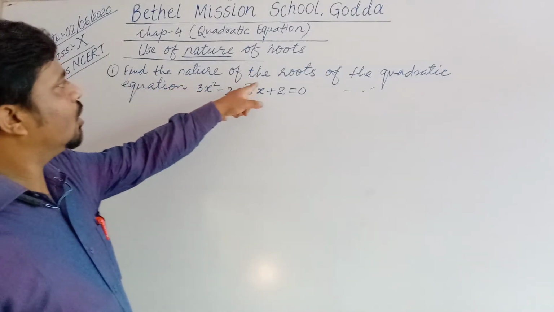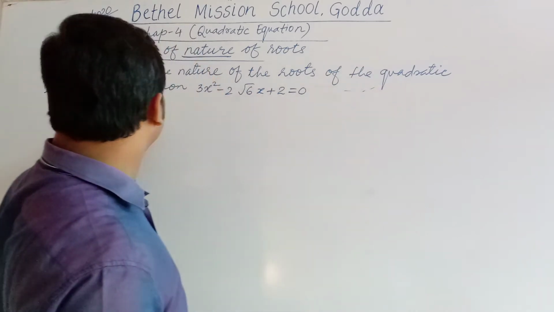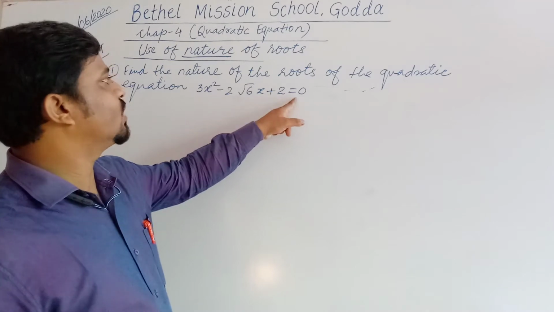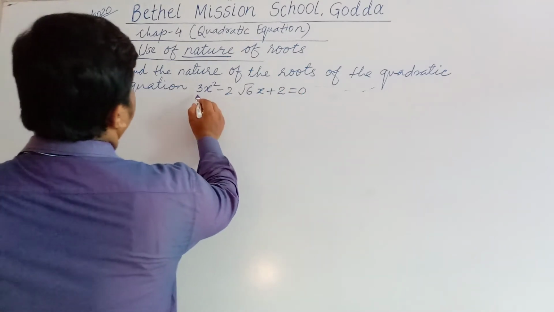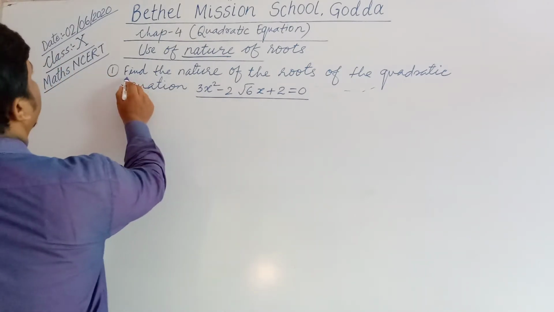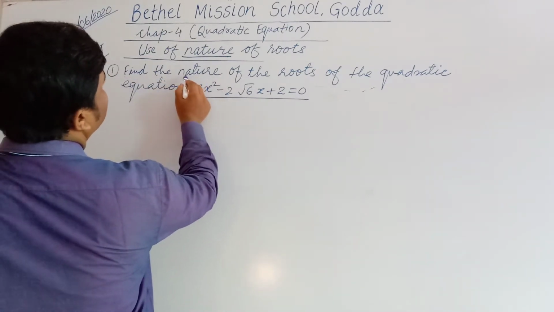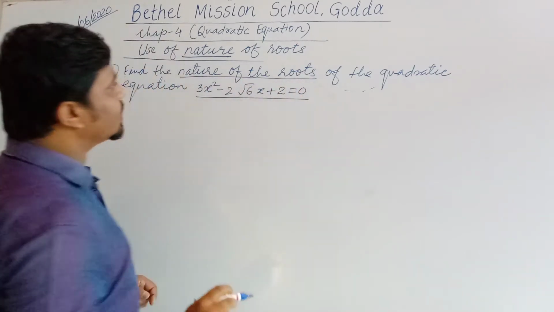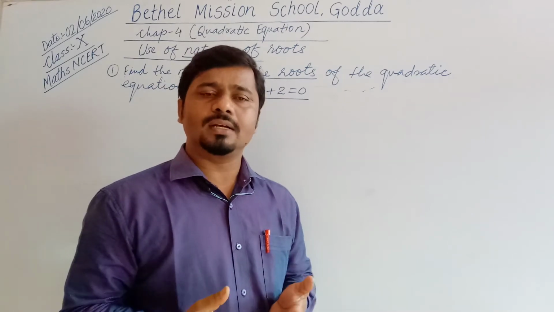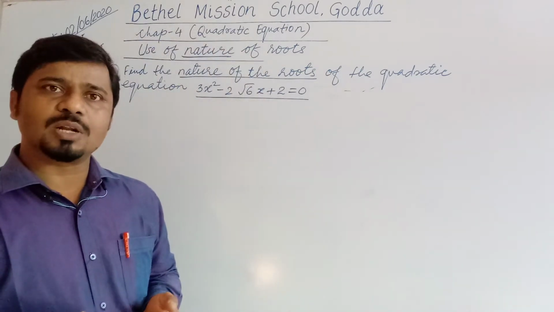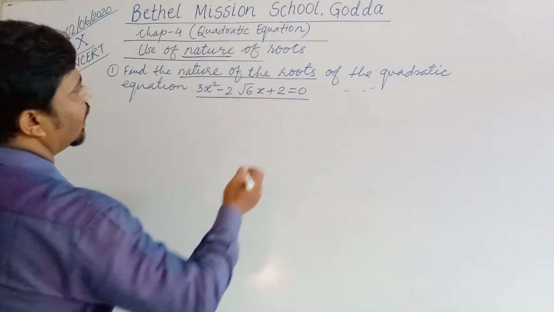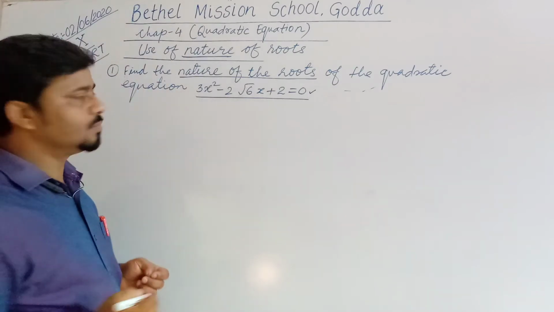Find the nature of the roots of the quadratic equation 3x square minus 2 into under root 6 x plus 2 equal to 0. After finding the nature of the roots, we can say how the roots behave in this quadratic equation.